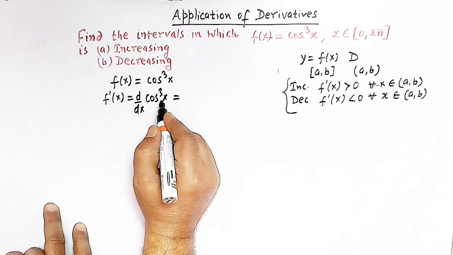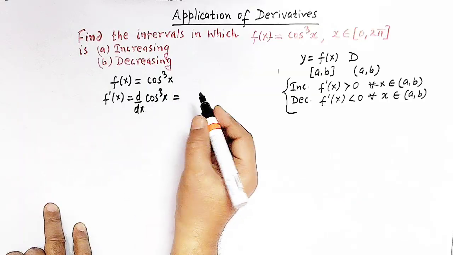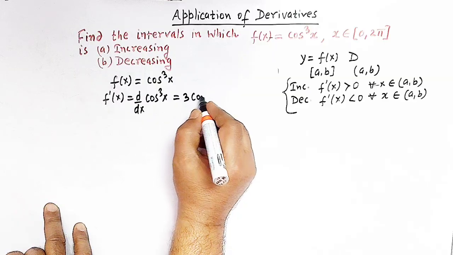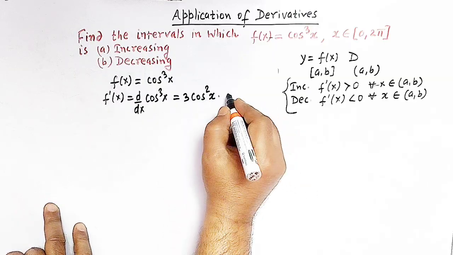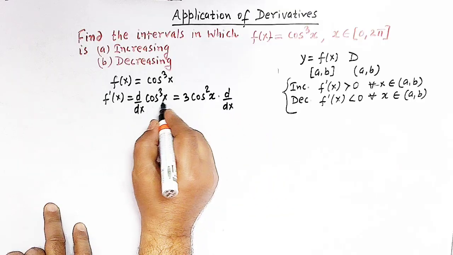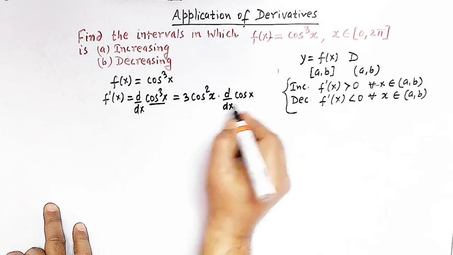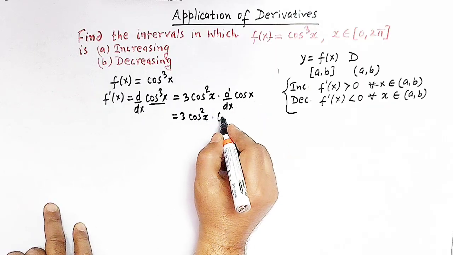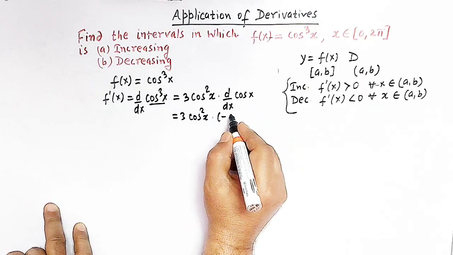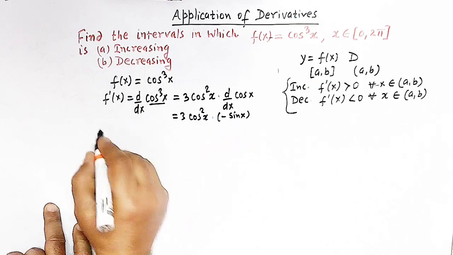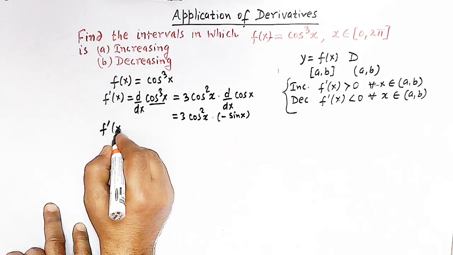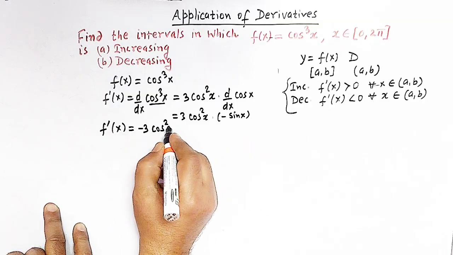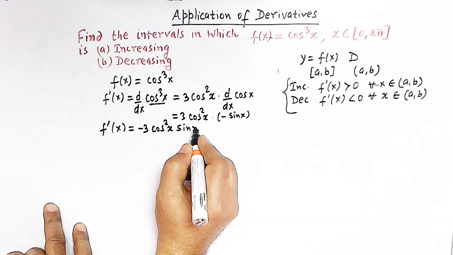Now here by using the power rule for differentiation, the derivative of cos cube x is 3 times cos square x, and then by chain rule we have to differentiate cosine x. So now we have 3 cos square x, and here we have the derivative of cosine x as minus sine x. So the derivative of f of x is given by minus 3 cos square x sine x.